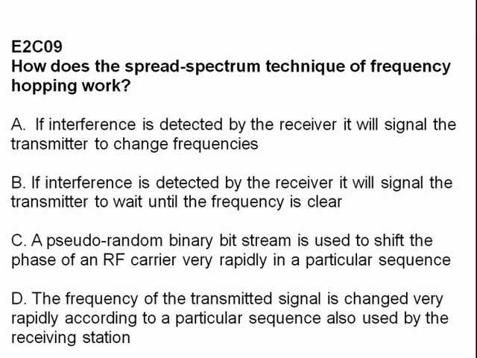How does the spread spectrum technique of frequency hopping work? A. If interference is detected by the receiver, it will signal the transmitter to change frequencies. B. If interference is detected by the receiver, it will signal the transmitter to wait until the frequency is clear. C. A pseudo-random binary bit stream is used to shift the phase of the RF carrier very rapidly in a particular sequence.